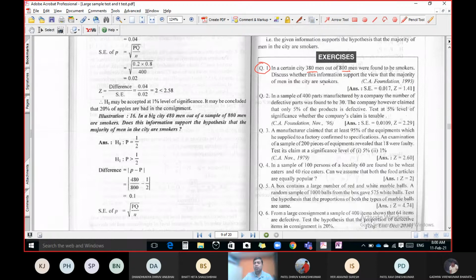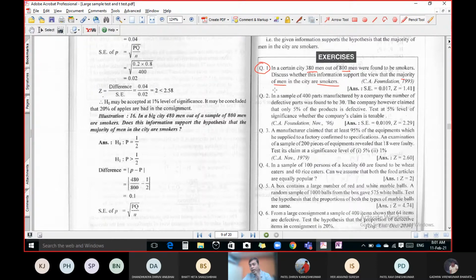So we want to check from this data whether the majority of the men in the city are smokers or not. So here our claim before the study is like this: the majority of the men in this particular city are smokers.